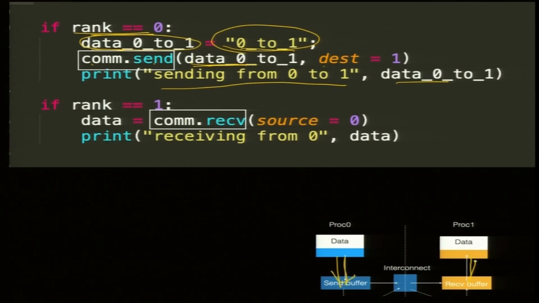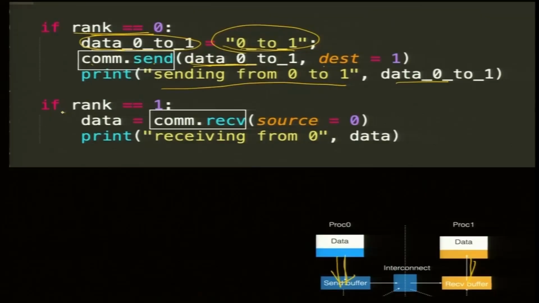Now, the receiving part. The receiver has to know where I am getting the data from and where I should store it. So, rank equal to 1, then it is stored in this data, and the source is given, where it is coming from. Destination and source, these are keywords: destination is dest and source is source, and this receive function will receive the data and copy it into a variable called data.